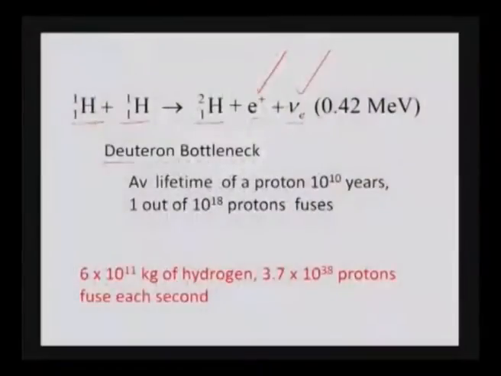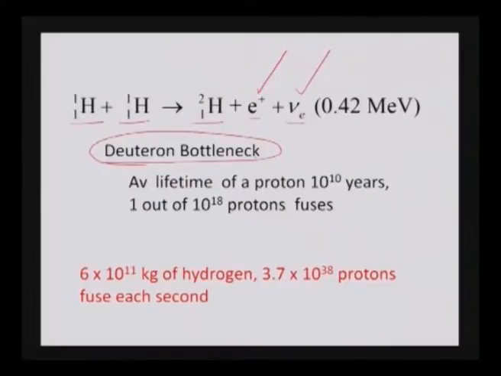The first step, two protons fusing into a deuteron and a production of positron and neutrino, that first step is very very slow because of this demand that this weak interaction driven beta decay must occur together with this fusing of these two protons, and it is therefore known as deuteron bottleneck.